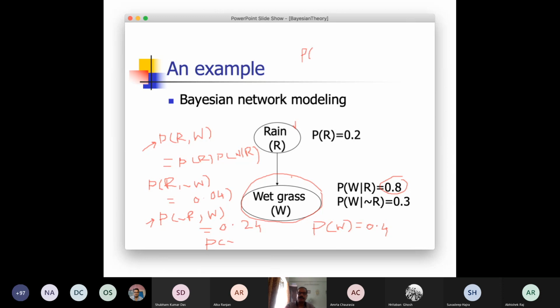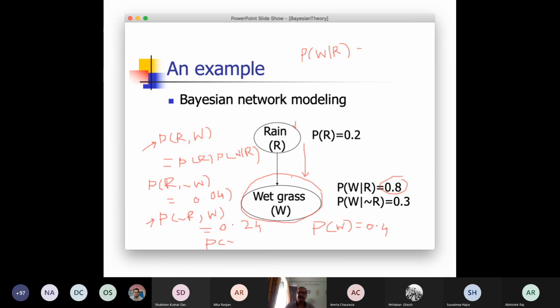That means I have to compute the probability of R given W, something like a posterior. This is forward inferencing and this is backward inferencing. This is a diagnosis and this is causal. I'll come to those terms.